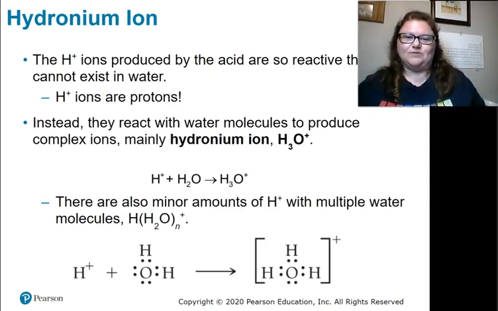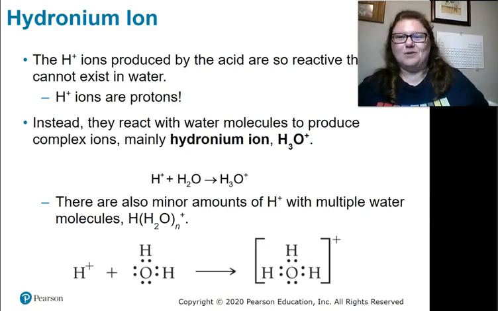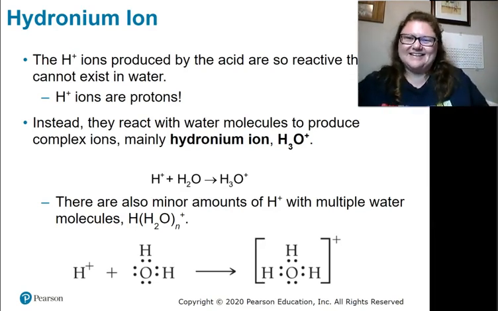When they do react, and we have this H3O+, that's called hydronium. You may remember that from Chem 1 when you had to learn all the polyatomic ions. It's one of two positive polyatomic ions, the other being ammonium, the NH4+. So we see a reaction written here as a water molecule gobbles up that lone hydrogen in solution.